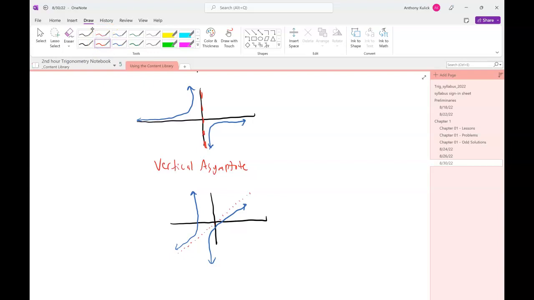What kind of line is this? Diagonal. So you might call this a diagonal asymptote, or the more common way to call this would be an oblique asymptote, I think is the more common verbiage. Although if you called it a diagonal asymptote, nobody's going to look at you funny. Everybody's okay with this?